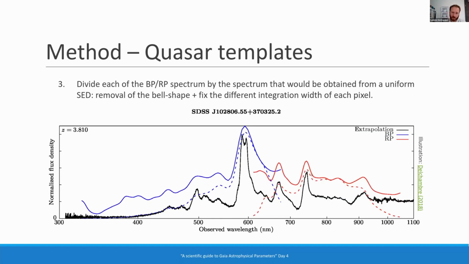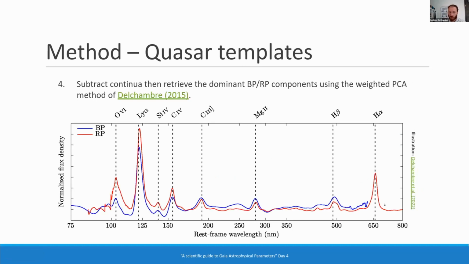Once we have the unbanded spectra, we can then again use the method that was first used to extrapolate the SDSS spectra, but now in order to retrieve the dominant BP and RP components for BP and for RP. And here are the templates we are using in Gaia DR3.